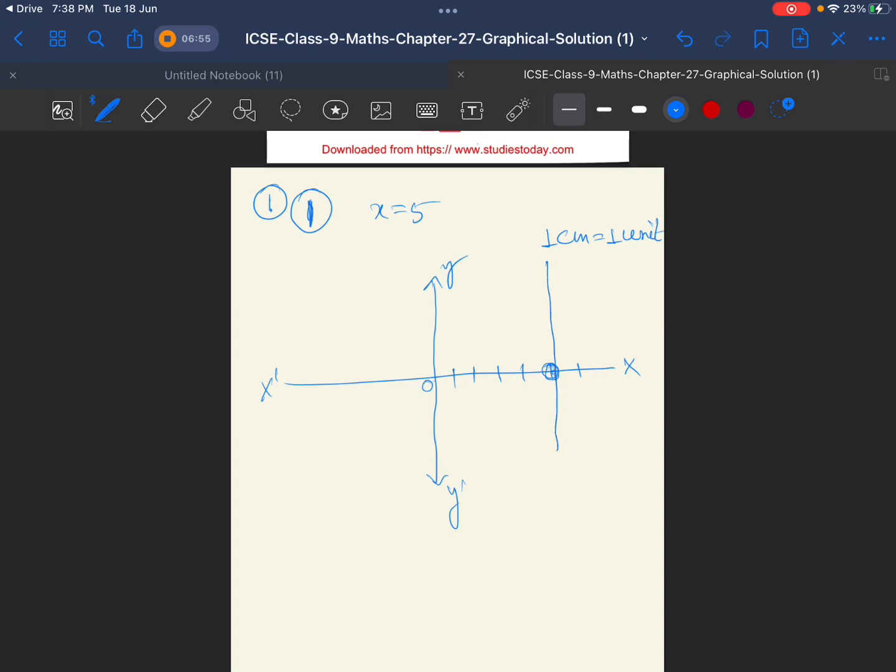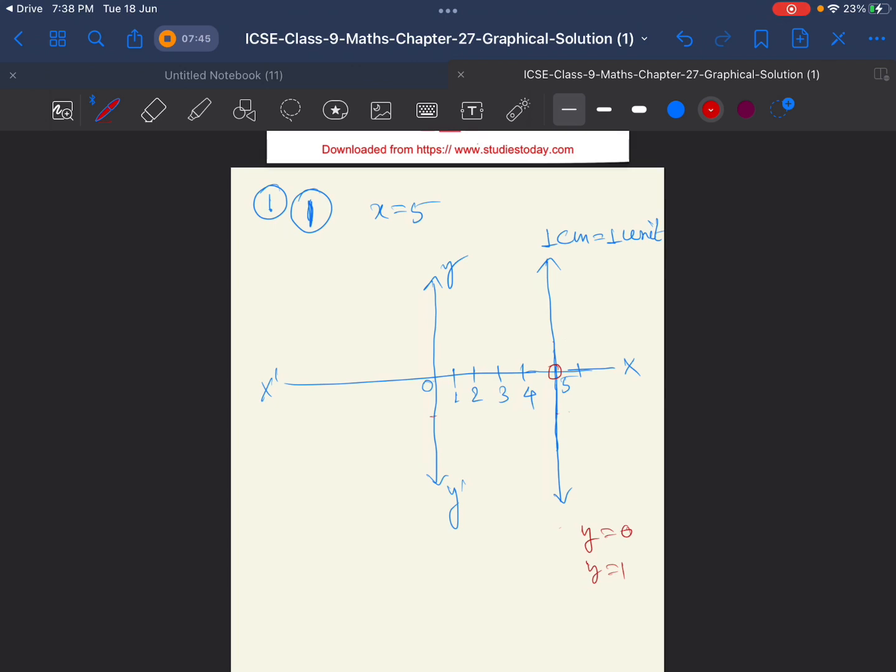Here it is 1 2 3 4 and this is 5. So here you can see if x equals to 5, then the value of y will be 0, and if x equals to 5, then the value of y will be 1.